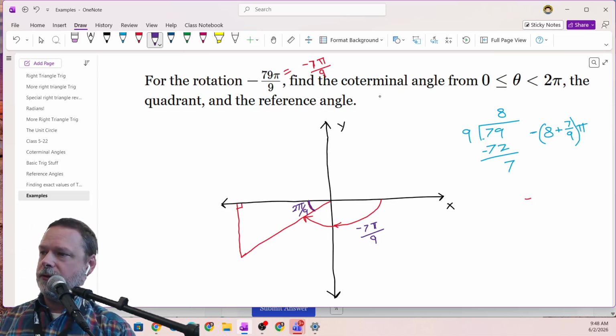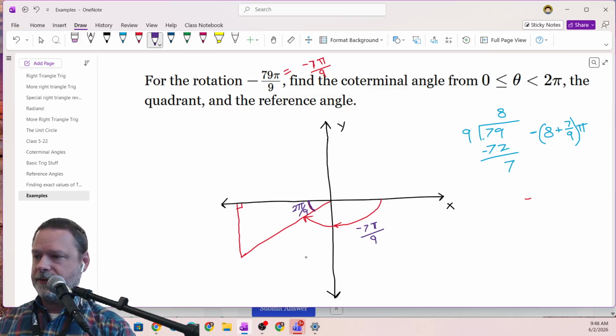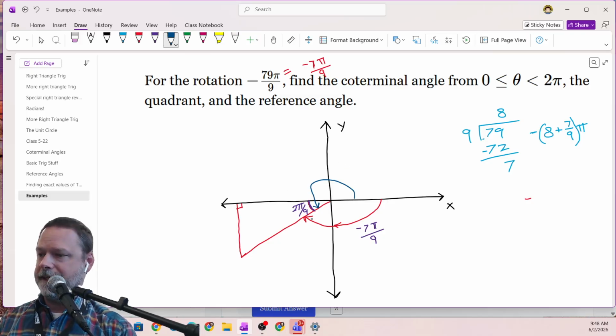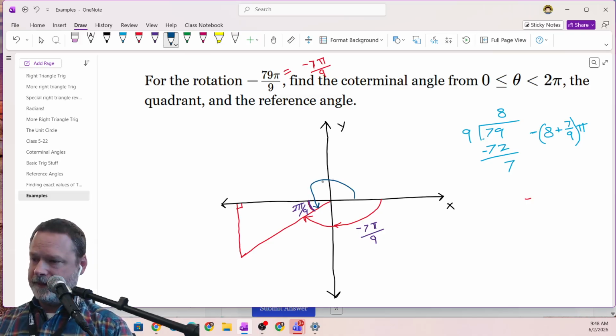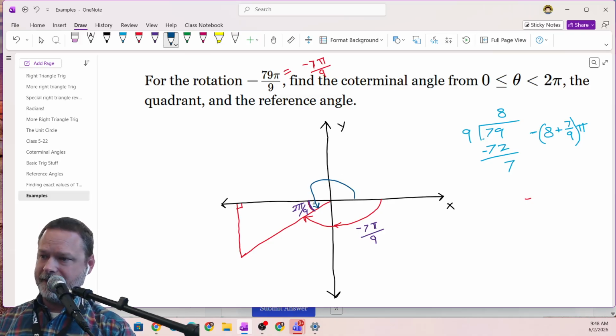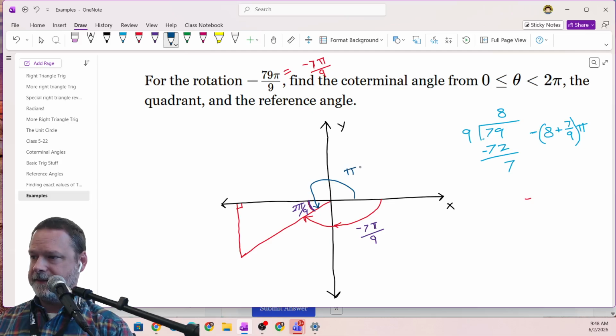And if I want a coterminal angle from 0 to 2 pi, in other words, in my first rotation, I just want this angle swinging around there. That's going to be pi plus 2 pi over 9. Pi is the same as 9 pi over 9, plus 2 pi over 9. That's 11 pi over 9.